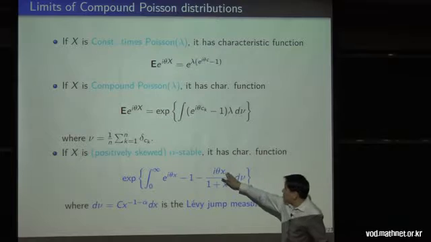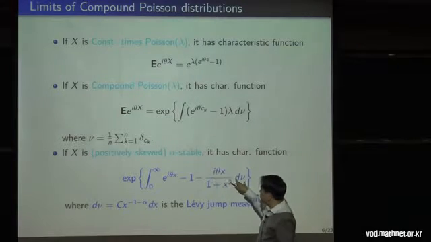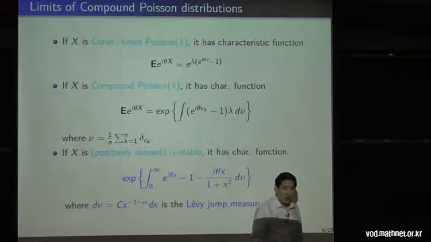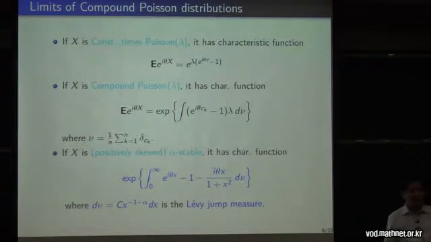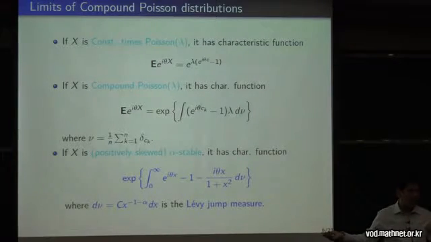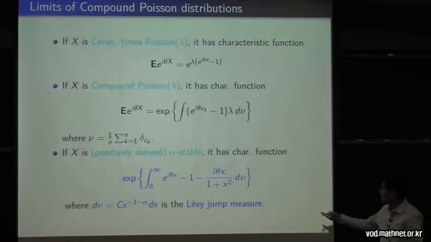If you integrate this d nu, then this is just a constant. So we compensate by subtracting a constant. We have a bunch of sums of Poisson jumps, but we subtract a constant. This cancels out and has the effect of giving us a mean 0, and in the end allows this thing to converge.